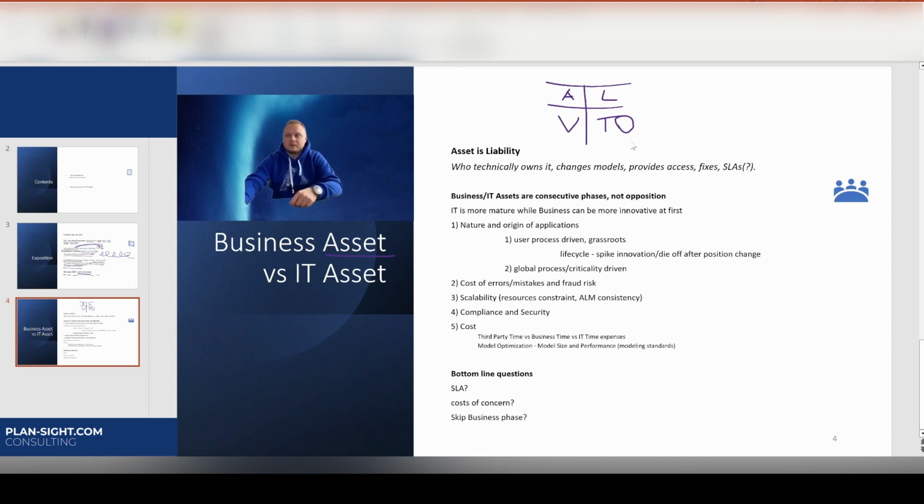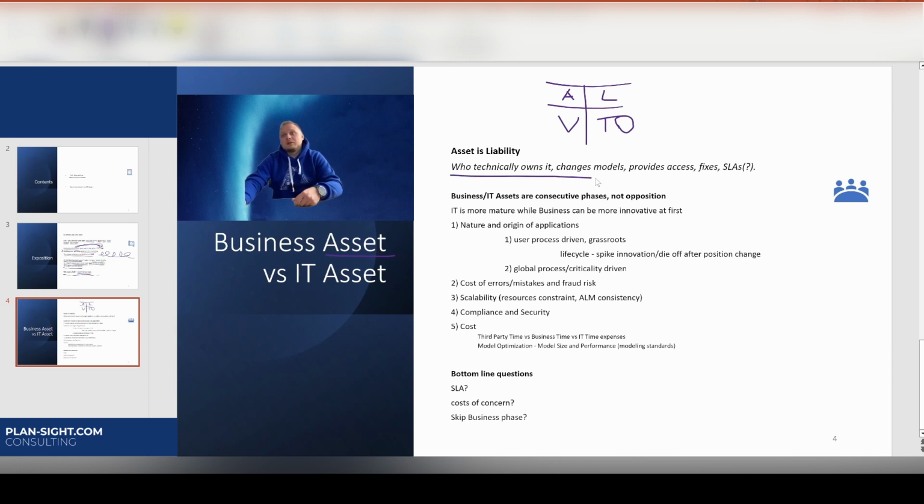That's a business asset. But if your business guys actually want someone to give a hard time to on why this thing has been broken, that's probably where you want the ownership in the area of an IT asset, where you have some techies who actually address things, and they are the ones who prevent bad things from happening, because business might be doing some things not exactly in the right way from the technical perspective.